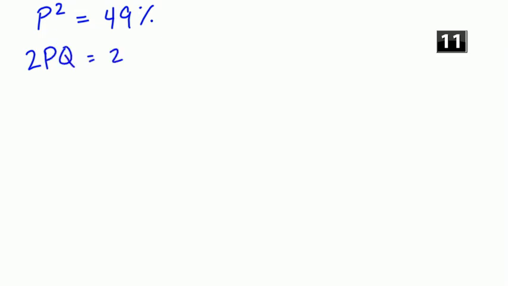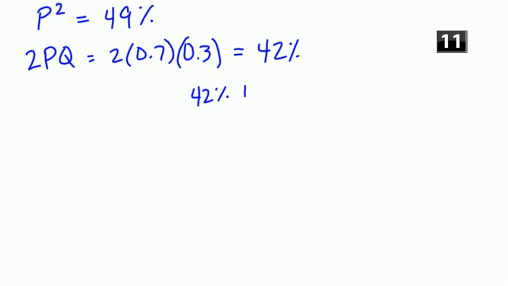So you take 2 times 0.7 times 0.3, and that's going to get you 0.42. So 42% of the population is heterozygotes. And then since this is a dominant trait, all of those 42% are also going to have curly hair. So you add 42% heterozygotes to 49% homozygotes for the curly gene, and the answer is that 91% of the population has phenotypically curly hair.